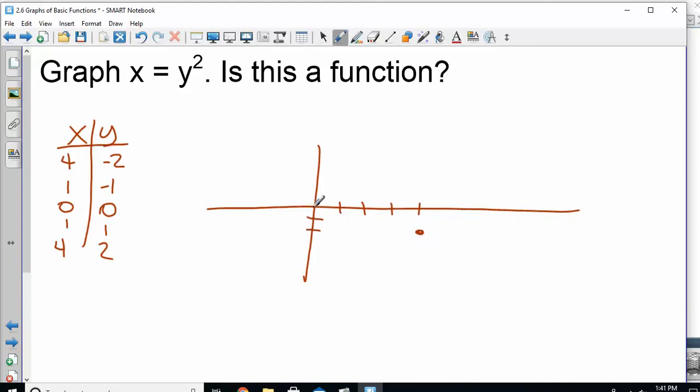Okay, 4, -2, 1, -1, 0, 0, 1, 1, and 4, 2. So what's this graph look like?